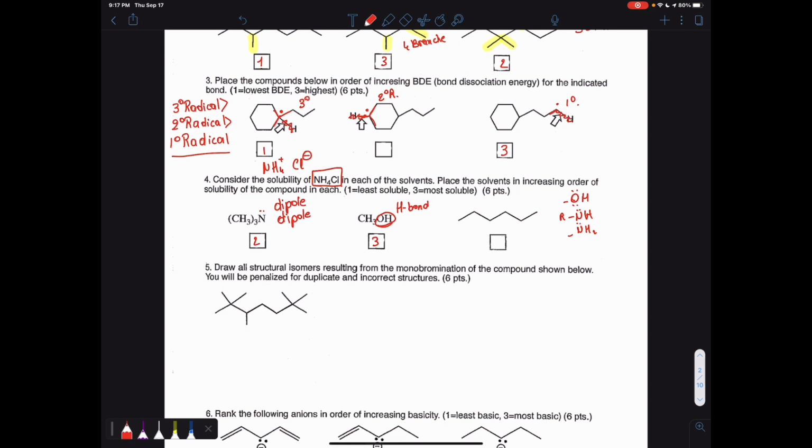And lastly, this one is just a bunch of carbons and hydrogens. It's not soluble in water. However, it's fat soluble, so it's soluble in non-water based solvents. So this one will be the least soluble, taking number 1.